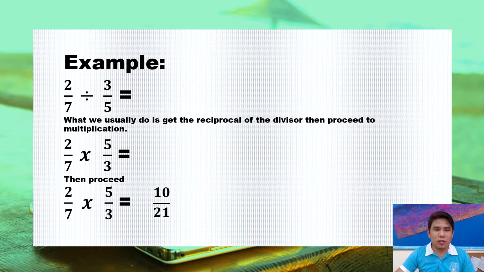Then you multiply the numerators and denominators. So we have 2 times 5 equals 10, and 7 times 3 equals 21. That answer is already in the lowest term because it cannot be simplified anymore.